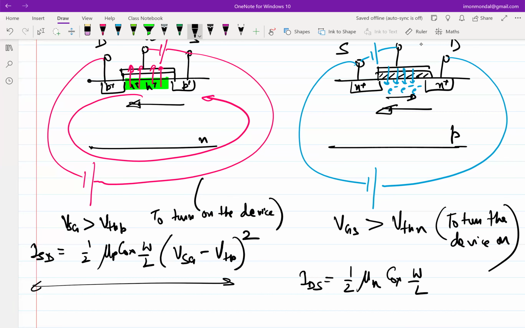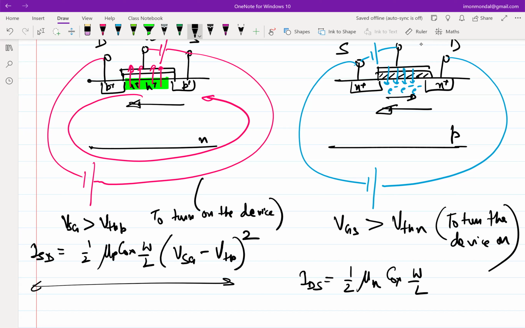COX remains the same because, again, this is technology dependent. Once you are able to make a device which has some minimum thickness of oxide, you would like to stick to that minimum thickness of oxide for both the PMOS and the NMOS, because you can get higher current if COX is higher, right? So that's why COX, which is the capacitance per unit area, remains the same for both NMOS and PMOS devices in most technologies.